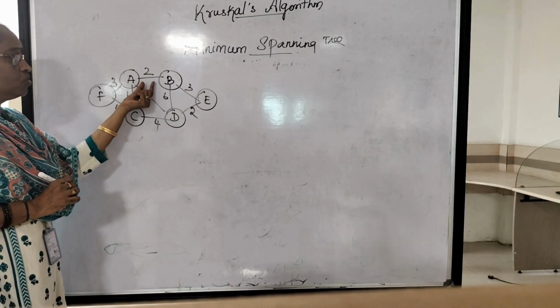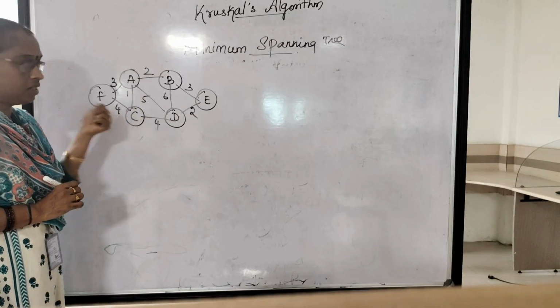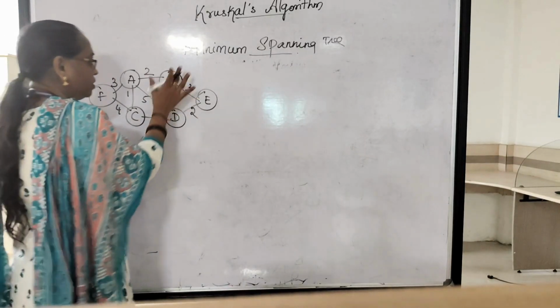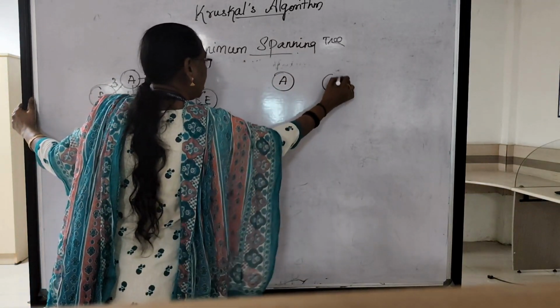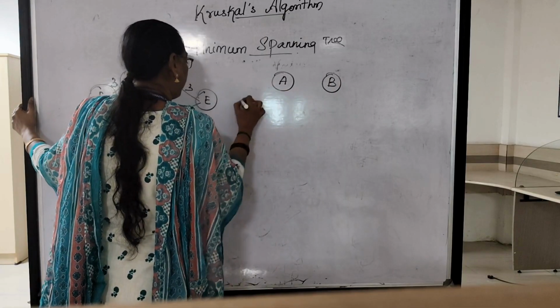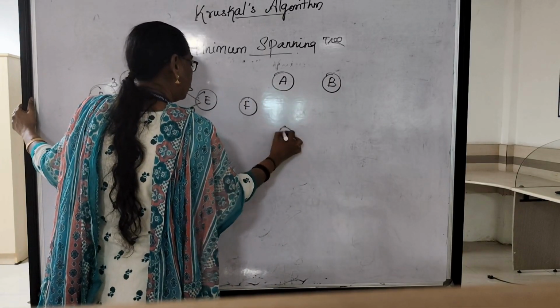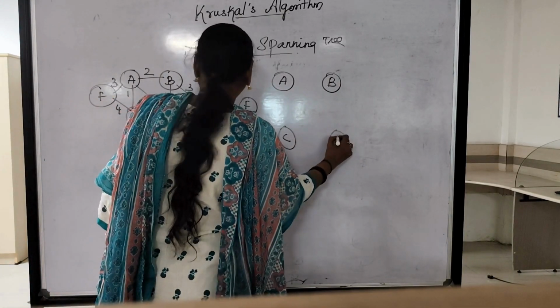There is no direction specified, so it is a weighted undirected graph. Now, as I said, first I have to have an empty tree where I have only the vertices without any edges.